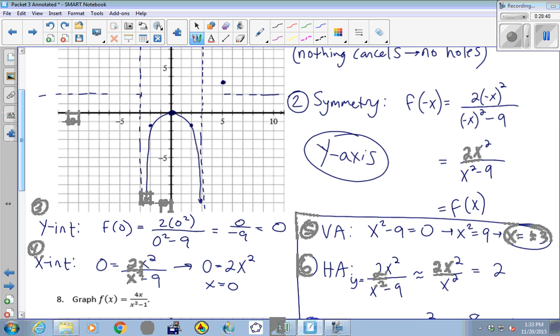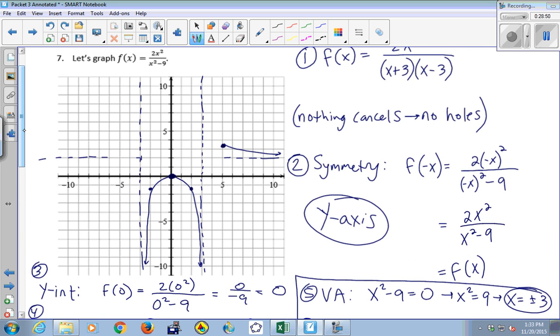So I now know that my function has to approach the asymptote as I go to the right. So it's got to come down like that. And I have a vertical asymptote here, which my graph has to approach. So I can draw that in. Yeah, rational functions have different looking graphs.